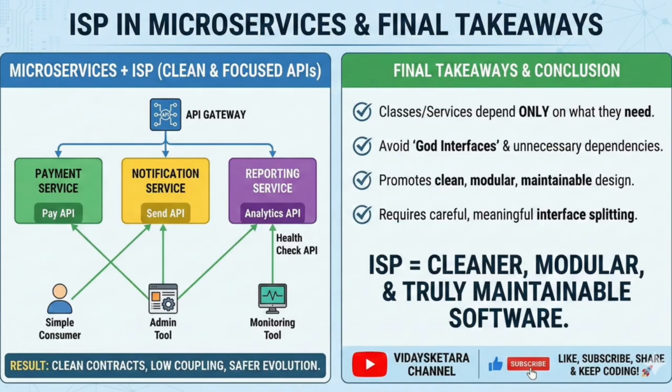If you truly understand this principle and start applying it in your projects, your code will become cleaner, easier to maintain, more scalable, and truly enterprise-ready. Remember, great developers don't just create interfaces. They design meaningful contracts that provide exactly what is needed.